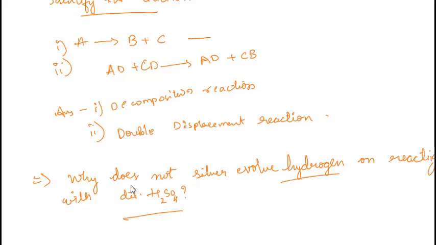Why? The answer is that silver does not evolve hydrogen on reacting with dilute H2SO4 because silver is less reactive metal than hydrogen.